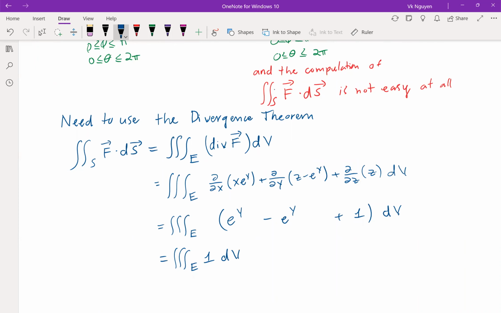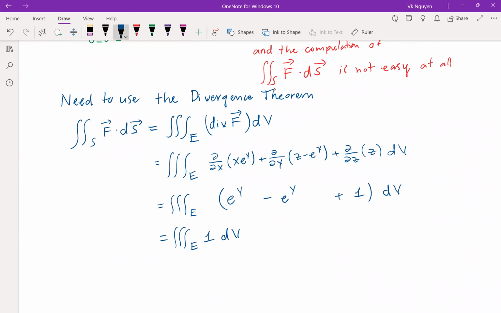So what is this? This is just the volume of E. Hopefully most of you know how to compute the volume of an ellipsoid, right? It should be very similar to the volume of a sphere.